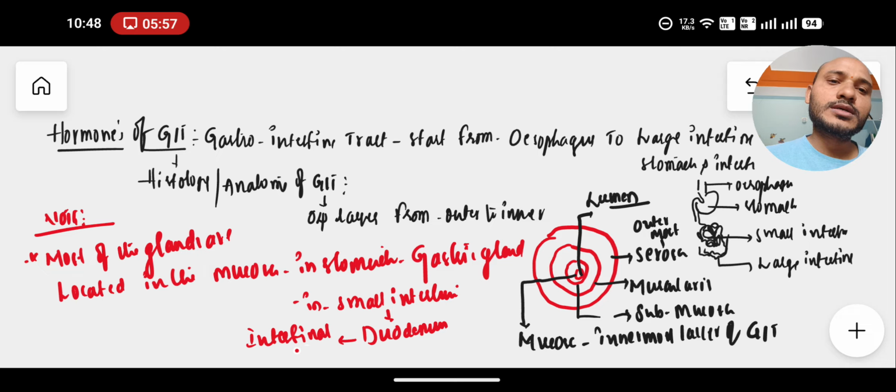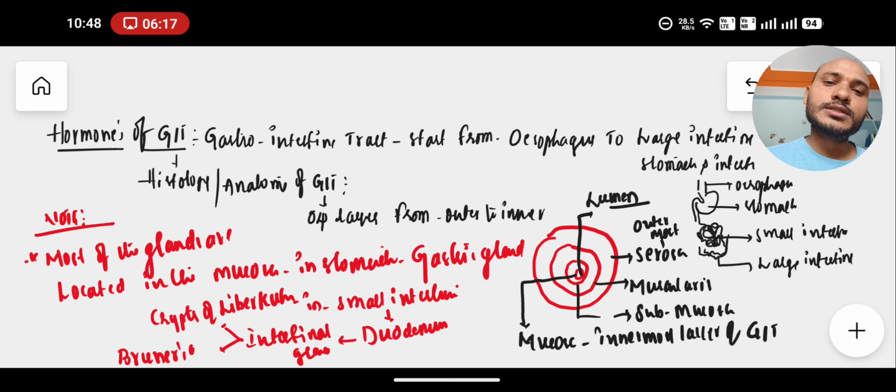This gland contains two parts: the crypts of Lieberkuhn and Brunner's glands. These two parts of the intestinal gland are located in the duodenum region of the small intestine.